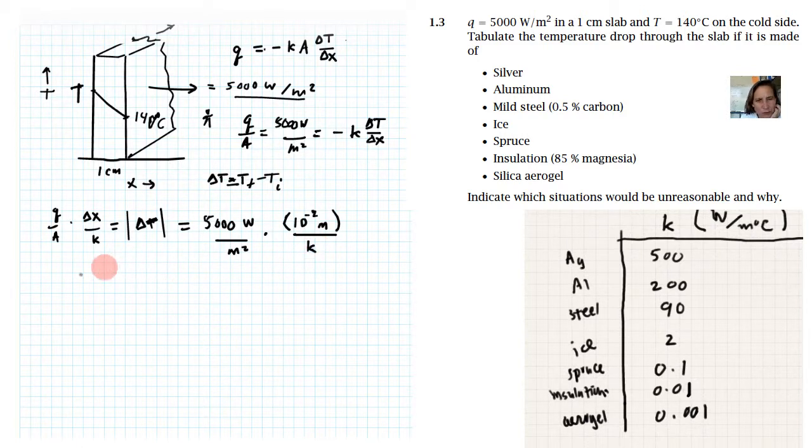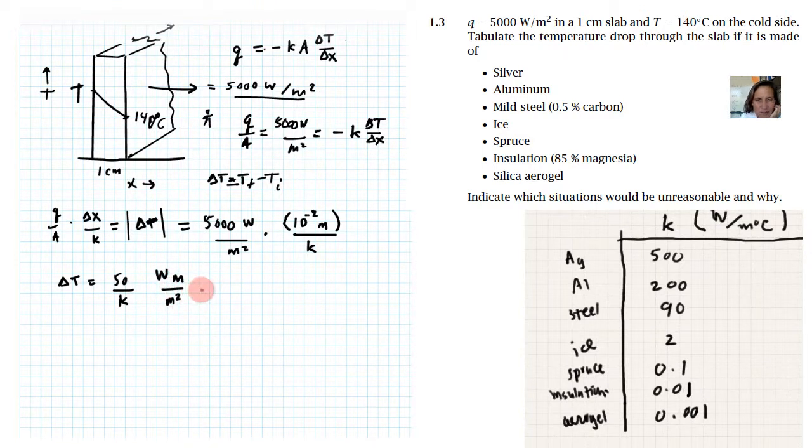Okay, let's make sure the units work out. So I'm going to rewrite the delta T as equal to 5,000 times 10 to the minus 2, which is 50, over K, and let's keep track of the units: watt meters per meter squared.